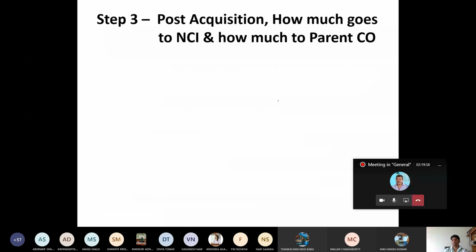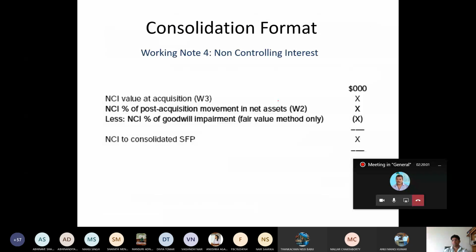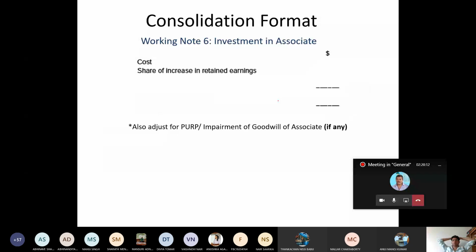So working note 4 will be NCI. Okay. Working note 5 will be your group reserves. और ये working note 6 दिख रहा है क्या स्क्रीन पे? Correct. This will be your investment in associate.